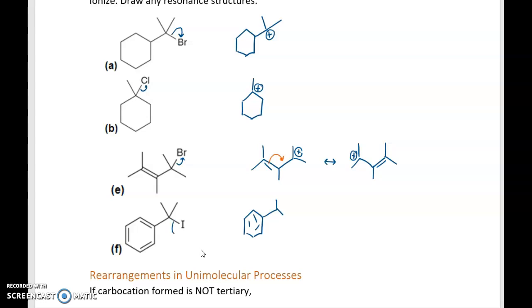The iodine takes its electrons and leaves, and that leaves a carbocation here. It's allylic to this ring, so we'll get electrons that will travel, and we'll get a double bond here, and these double bonds are not changed, and the carbocation is now on this carbon.